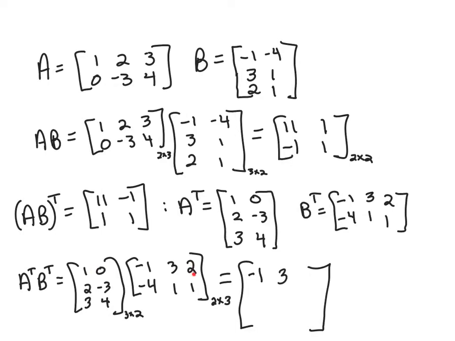Row 1, column 3 gives me 2 and a 0. Now row 2 times each of those columns. I'm going to get -2, +12. Column 2, I get 6 minus 3. Column 3, I get 4 minus 3.